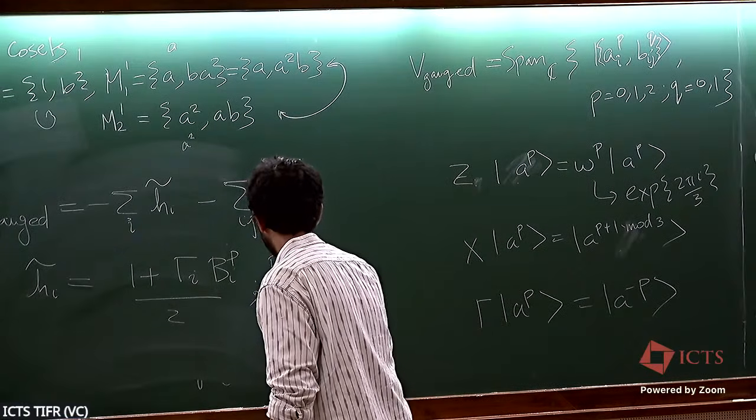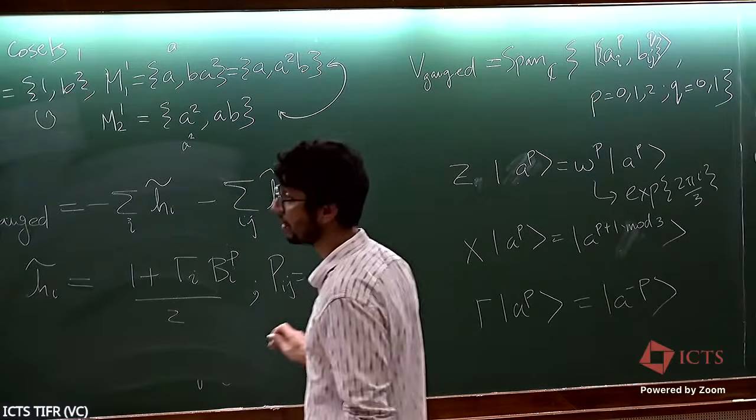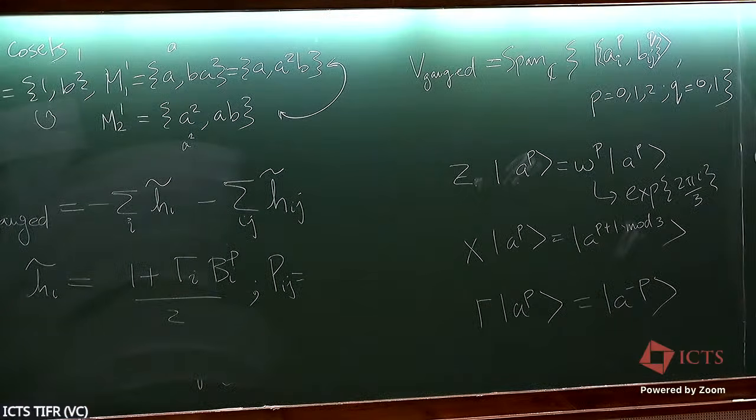Now what P_ij does is it's a projector. So earlier it was a projector onto the 1B.